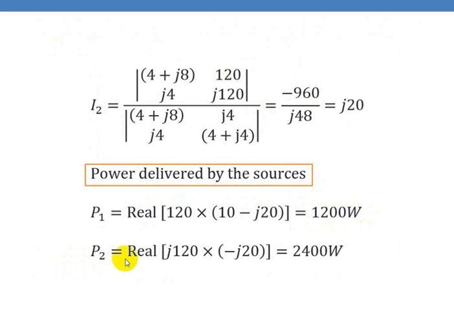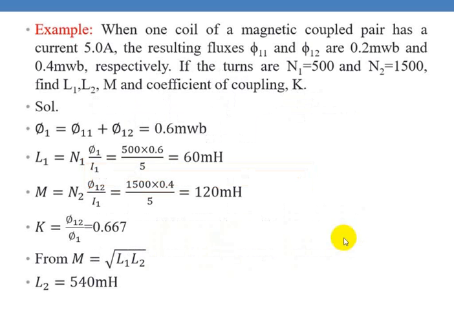Similarly, to find the power delivered by the other source, you again multiply: J120 is the voltage, multiplied by minus J20, the current. The real part of this will be 2400, the power supplied by the source.